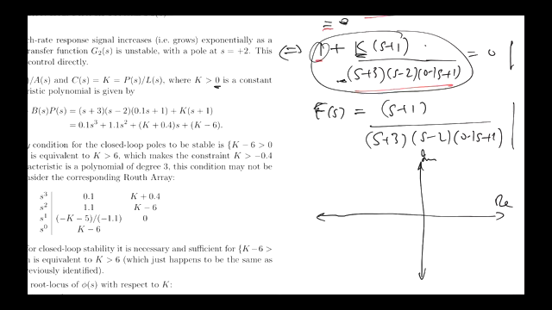So let's draw in where the poles are. We've got a pole at s equals 2. That's this guy here. We've got a pole at s equals -3. That's this guy here. And we've got a pole, let me just draw it a bit bigger, at -10, which is this guy here. And in addition to that, we have a zero at -1.